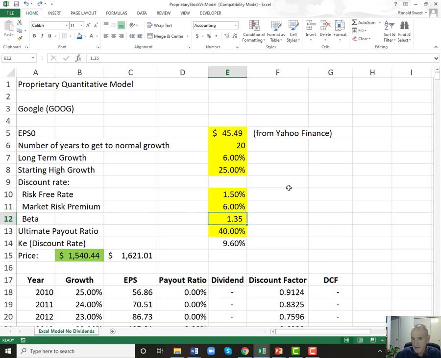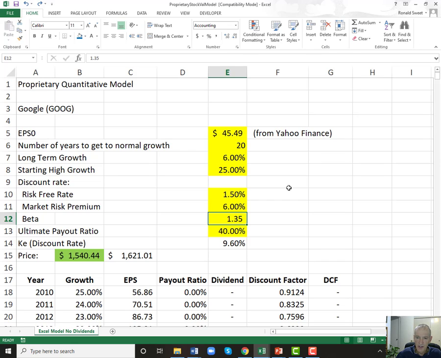So that's one of the downsides of valuing stocks, especially a stock like Google. Remember, Google's a growth stock, very, very sensitive to the discount rate, so very sensitive to interest rates, very sensitive to the growth assumptions, and small changes have huge impacts. So Google could be worth anywhere from $800 to $4,000, and it's currently trading for $1,621.